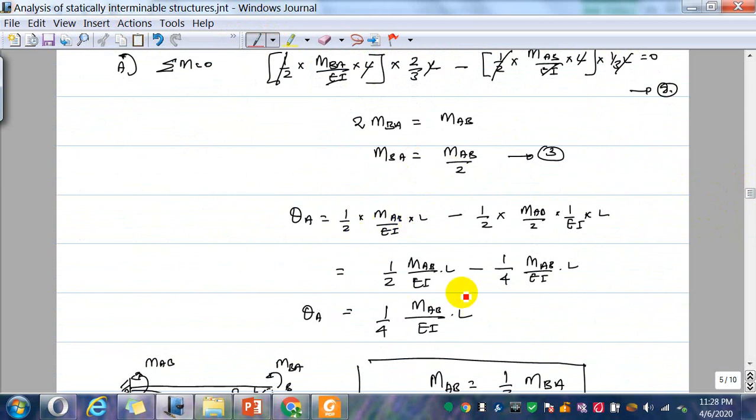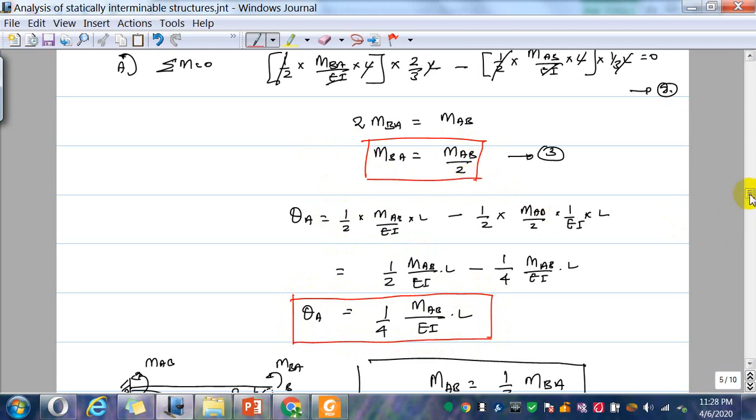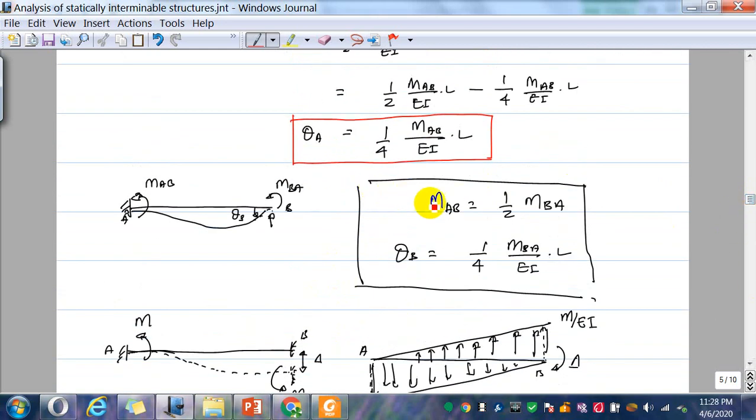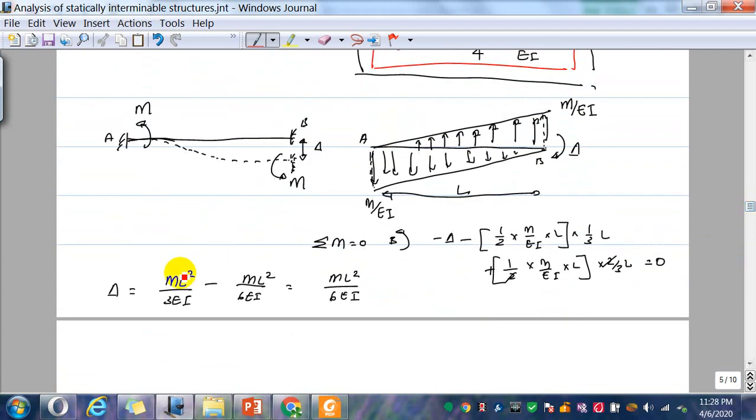Here I have an equation that gives me theta A, MBA and MAB, then this equation theta B, then this equation delta. Let me rewrite these equations.